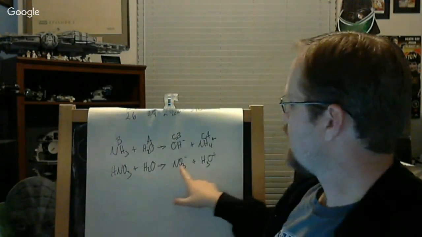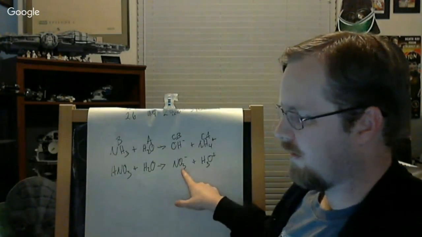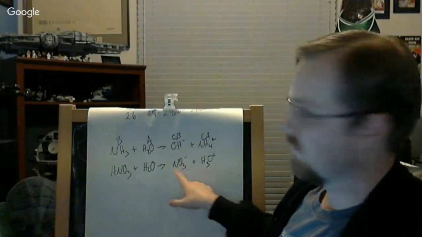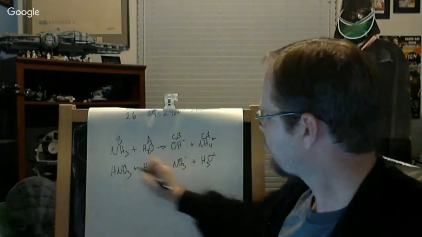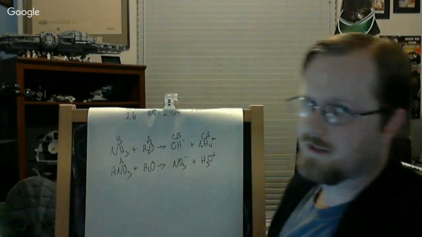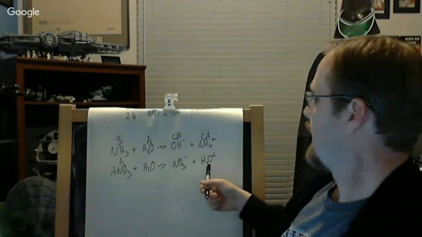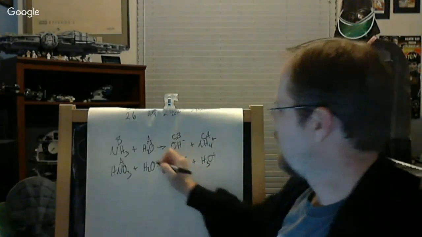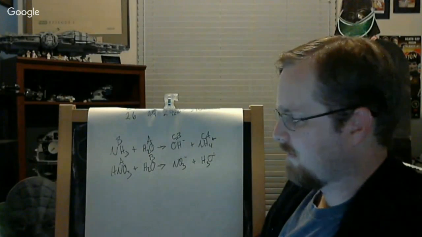HNO3 becomes NO3. It is giving up the hydrogen. So this gives up the hydrogen. Therefore, there's your acid. The H2O gains the hydrogen to become H3O, making this the base.